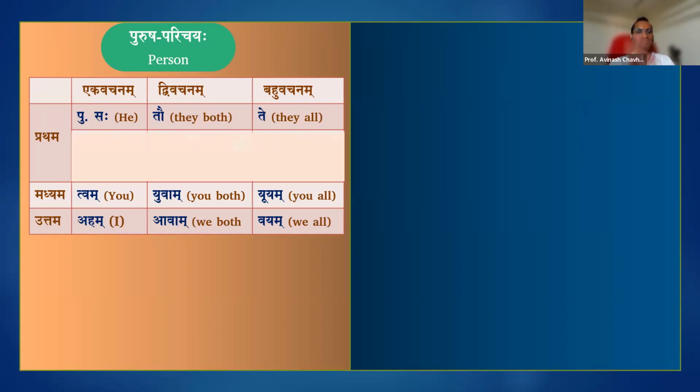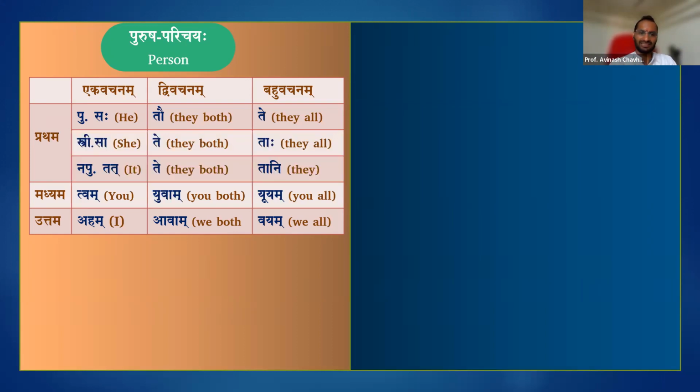Okay, so saha means he. It is actually prathama purusha in Sanskrit. He means that person. Tau, they both, and te, they all. In the similar manner, for Srilinga, sa te taha, singular, dual, plural, and tat te tani is used for Napusaklinga.